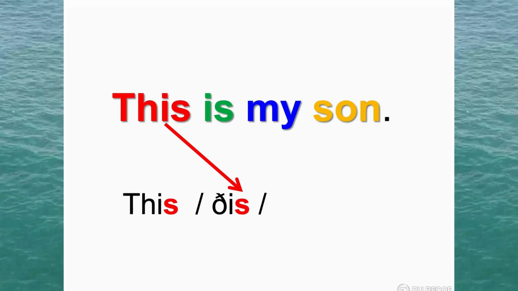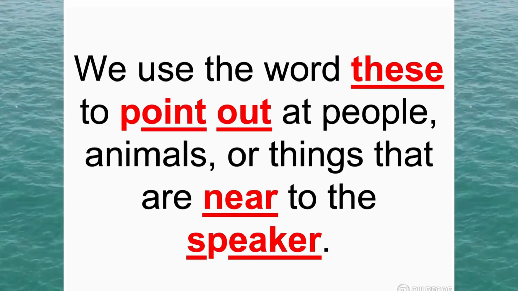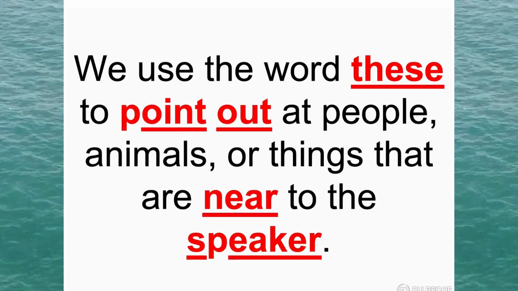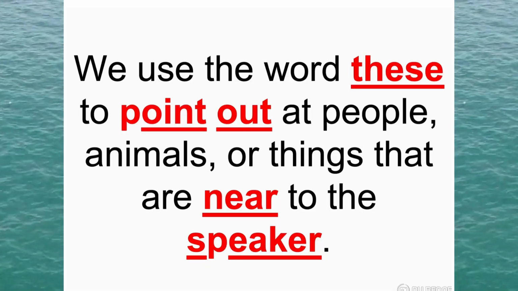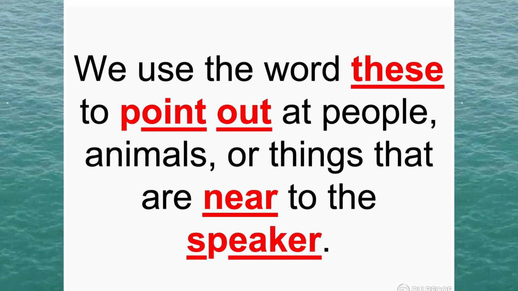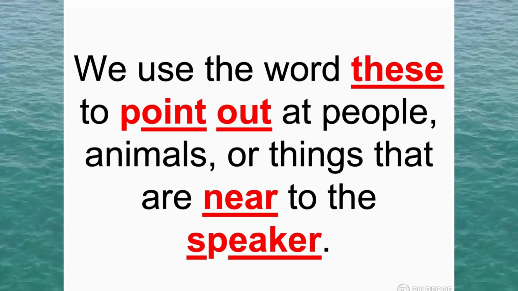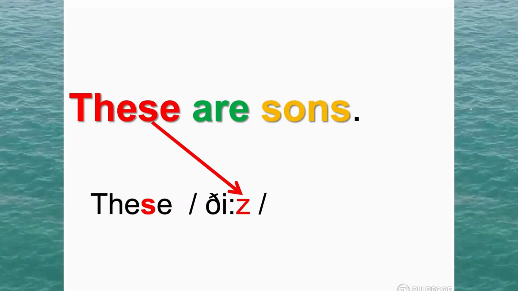Near me. We use the word these. These is the plural of this, to point out or to show that people, animals, or things are very near to the speaker. Let's see. These are sons.